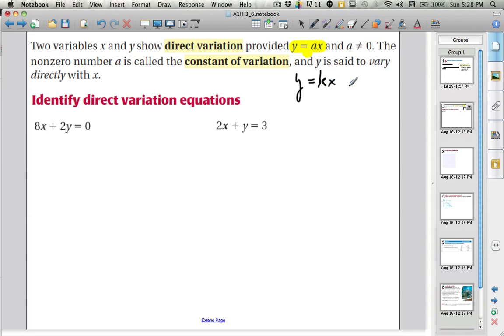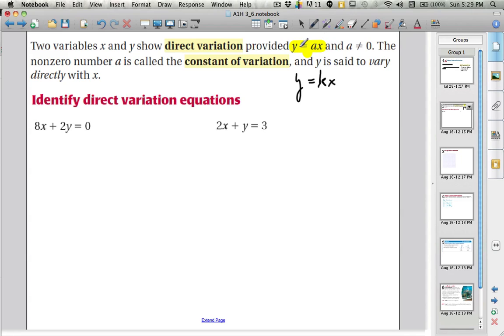I'm a little more familiar with y is equal to k times x, where a does not equal 0. The non-zero number a, or the k, is called the constant of variation.